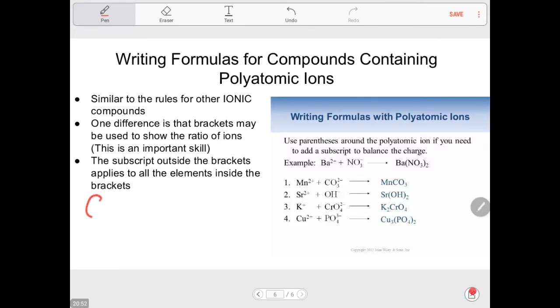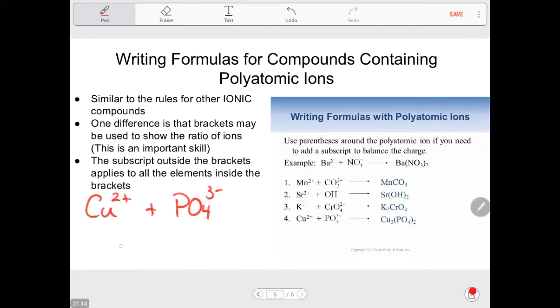Let's do Cu 2 plus and PO4 3 minus. The PO4 is phosphate. That's a polyatomic. Now you know this. How do you balance out 2 and 3? Well, that's kind of like the lowest common denominator example from a lesson ago.